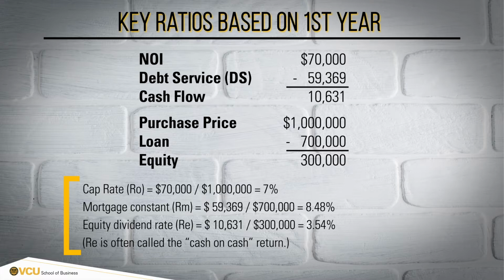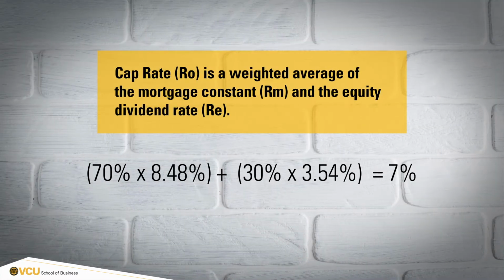Much like some of the other things that we've seen in the previous slides, especially when I did that segmented cap rate for the land and building, I can use the weighted average cost of capital sort of relationship to calculate the cap rate for the overall project as a function of the mortgage constant and the equity dividend rate, or cash on cash return.